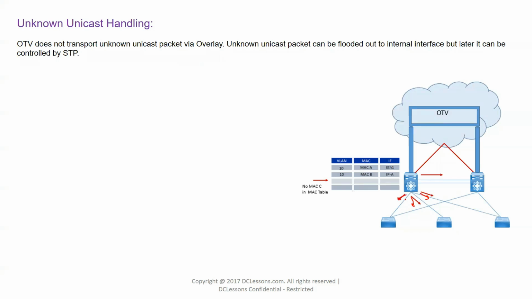So we can see here that when the OTV edge device receives an unknown unicast frame, let's suppose it receives an unknown unicast frame for MAC-C, and when it consults its MAC table, it doesn't have the information. When it doesn't have an entry for MAC-C in the MAC table, the layer 2 frame is flooded out to the internal interface, but not on the overlay interface.